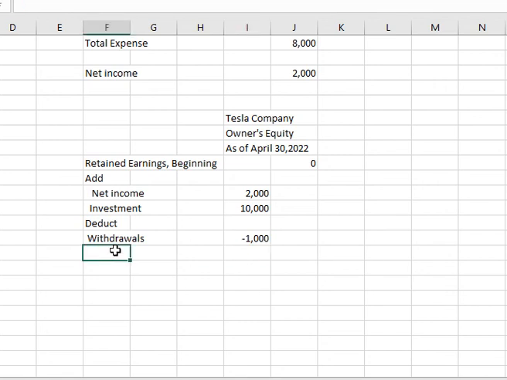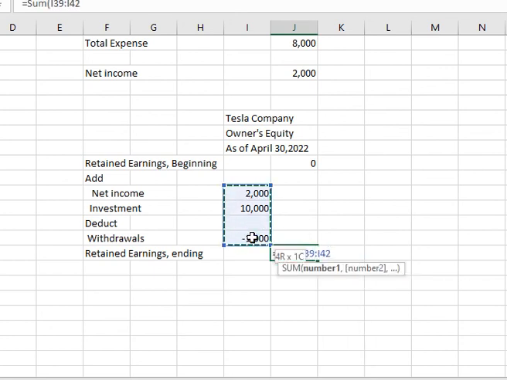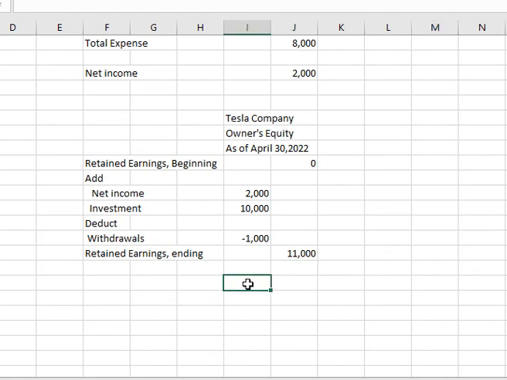So we can get retained earnings, and that should be ending. We sum all the numbers here plus this one, and we get retained earnings of equity. That's 11,000. Now the next one, that's the balance sheet.